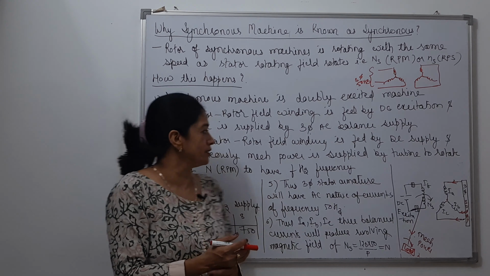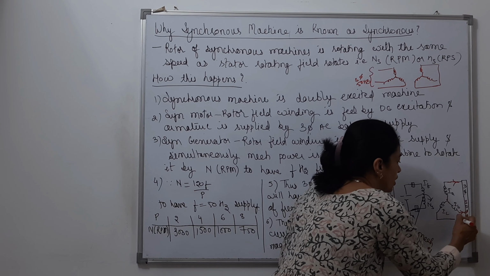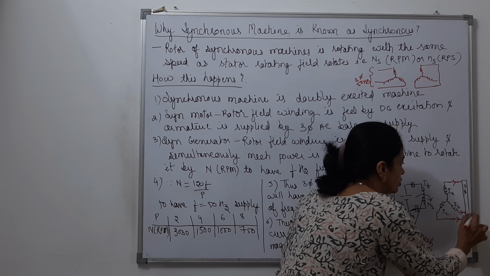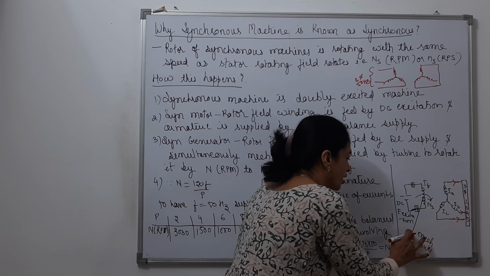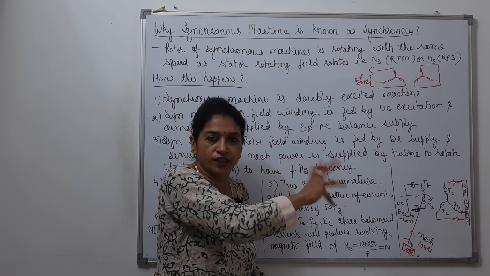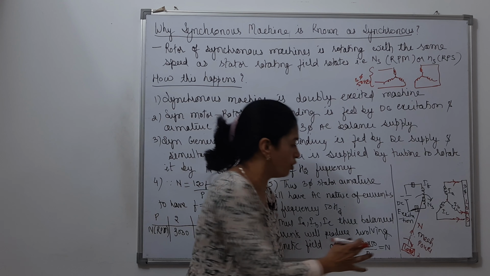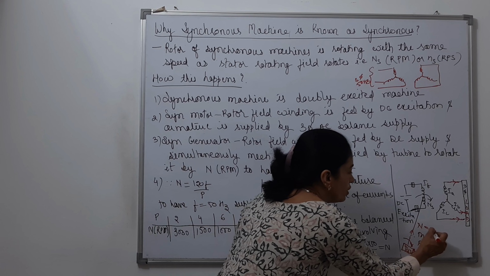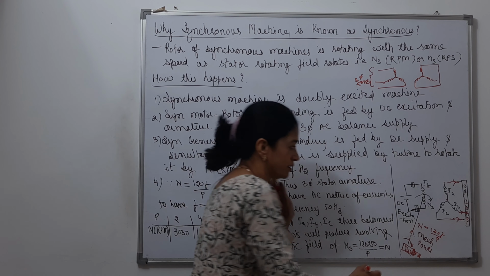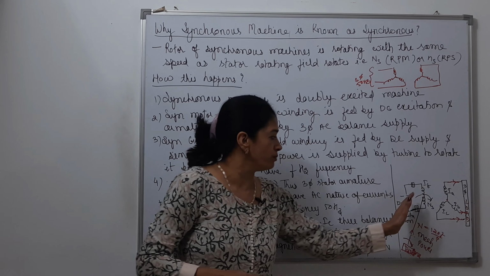In the case of a synchronous generator or alternator, how is it doubly excited? In that case, the direction of the current is outward because we are taking out electrical power from the armature winding, so a three-phase load is connected to it. We feed mechanical power to the rotor and rotate it with some speed, say n, with the help of a turbine, and the speed given by the turbine to the rotor is n, which is 120f by p. I'll discuss it here also. And the rotor DC field winding is fed by the DC excitation.